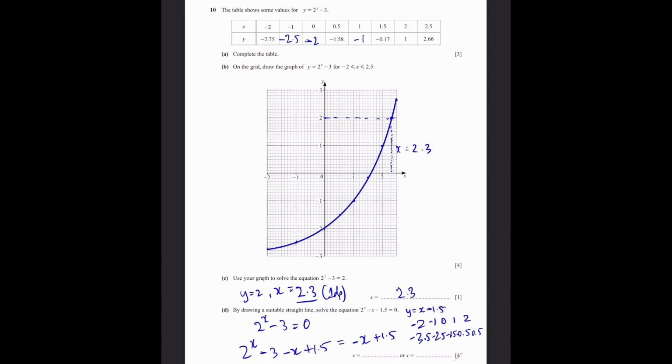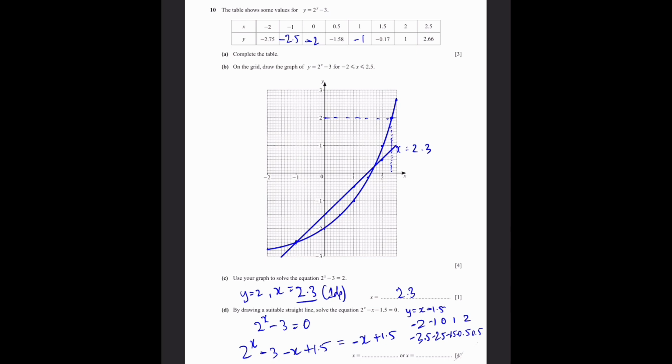So minus 3.5 is outside, minus 2.5, minus 1 will be here, 0 minus 1.5, 1 minus 0.5, 2, 0.5. Now we get the line, we can draw it, and extend the line. Like this.